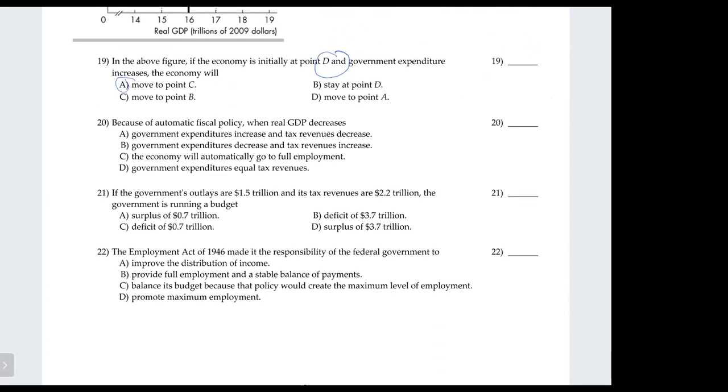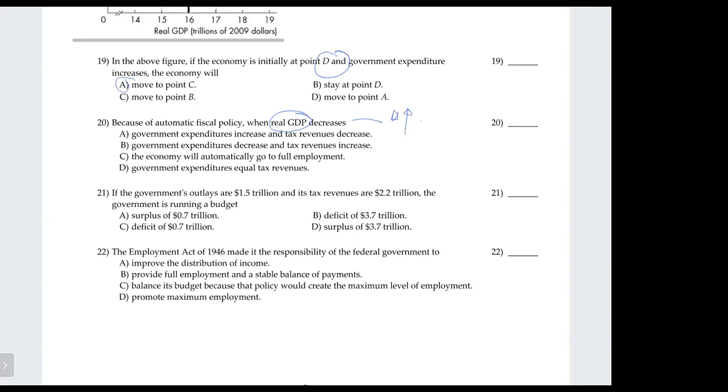Now 20, because of automatic fiscal policy, when real GDP decreases. Okay, so automatic fiscal policy, again, think about unemployment insurance benefit. Okay, and then when real GDP decreases, the unemployment rate usually increases.